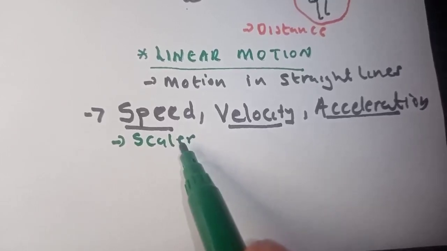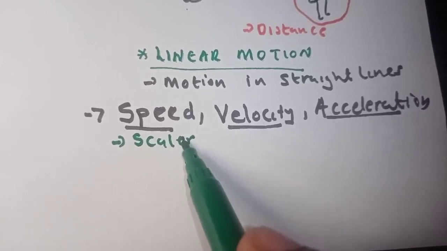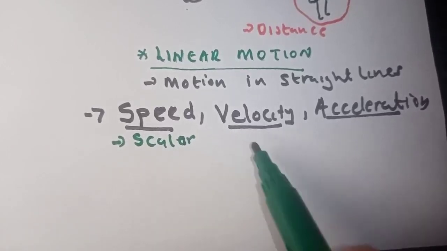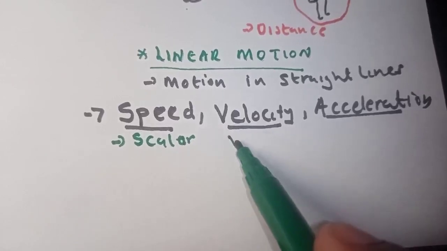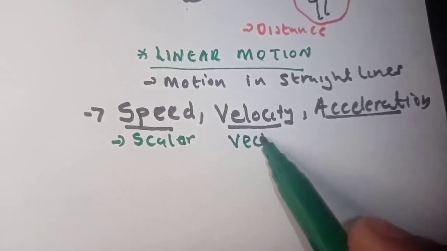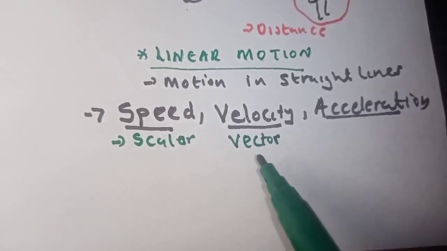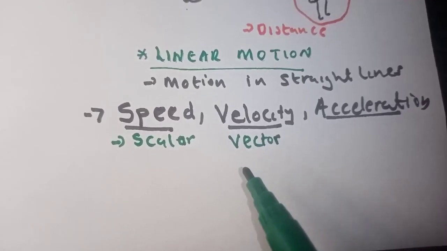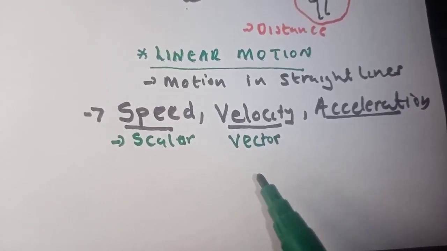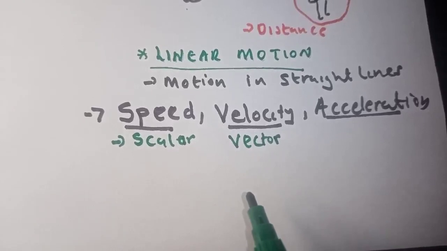By now we know that a scalar quantity has only what? Magnitude. Velocity is a vector quantity, meaning it has both magnitude and direction.